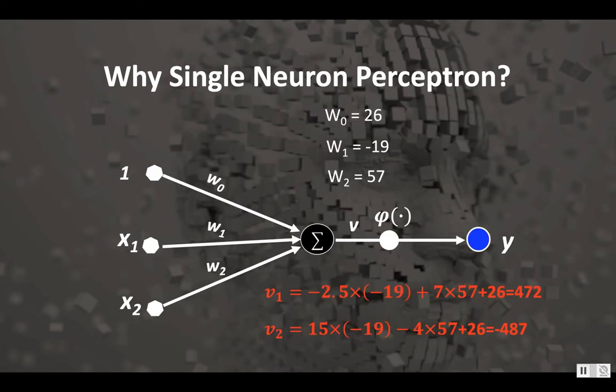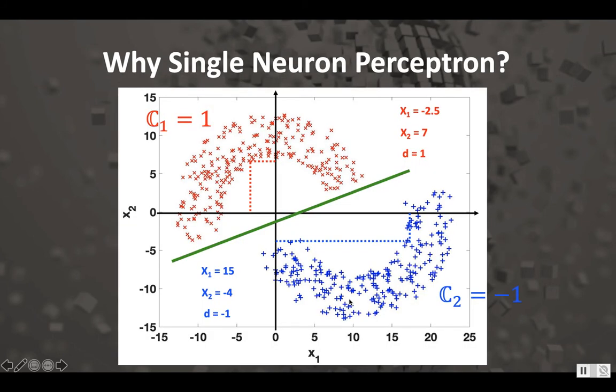So if we put them together, assume we know W0, W1, W2 equal to 26, -19, and 57. Assume we already know this optimal perceptron's synaptic weight. And now for this input, for the V1, we know the coordinate equals -2.5, 7, and the desired response equals 1.